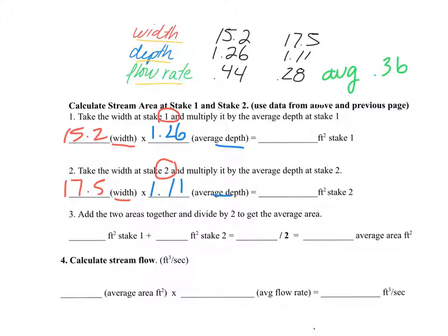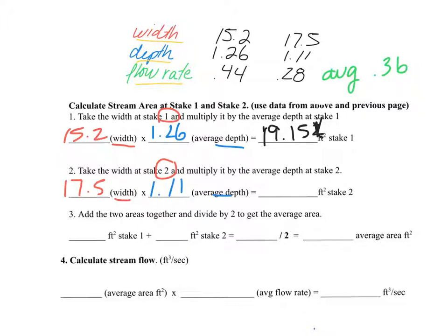So when plugging those in, I've got 15.2 times 1.26, and I want that to be to the hundredths. My calculator says 19.152, so I simply would drop the 2 here.